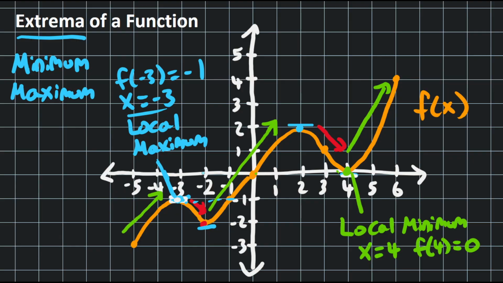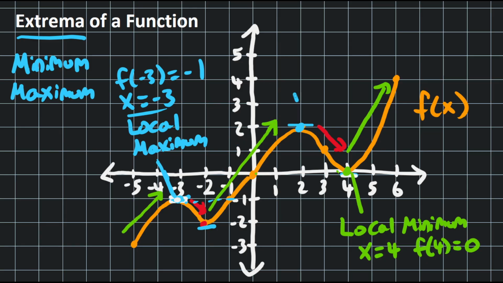Okay, so far we found a local maximum and a local minimum. Can we find any more? Well, there's actually another local maximum right over here. This is another local maximum because the function changes from increasing to decreasing right here.